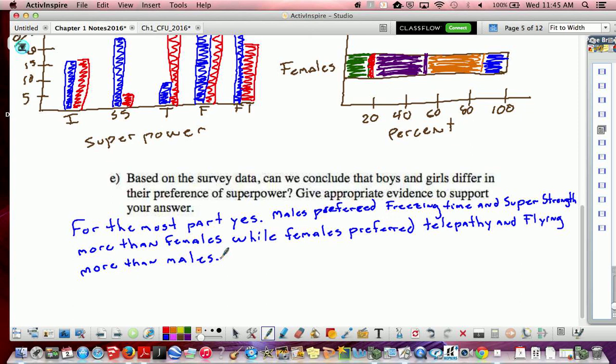I am going to just note invisibility. So they both equally, oh, I hate it when I forget letters. They both equally preferred invisibility.